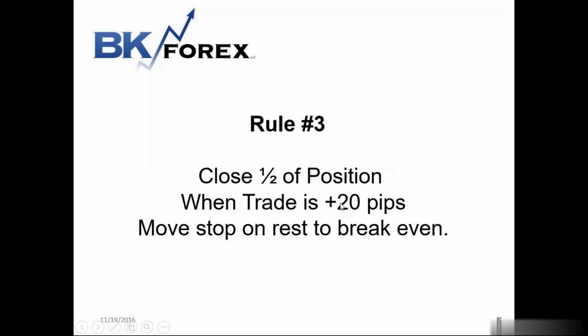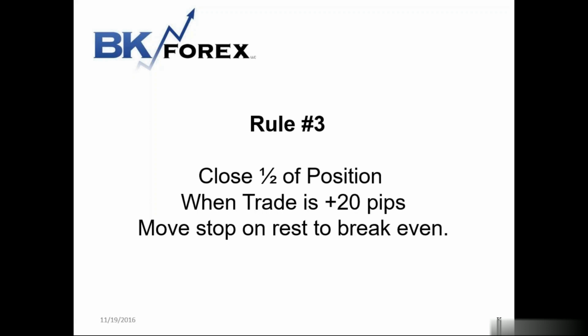So what you do is, usually with news trading, we don't always get a huge move. So because we don't always get a huge move, what you want to do is close half a trade when it moves by 20 pips, and you move your stop to break even.